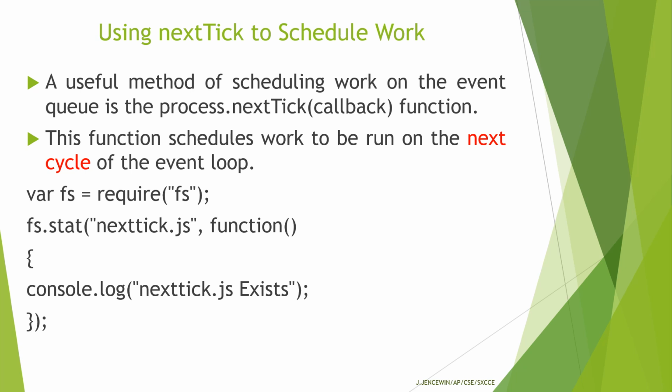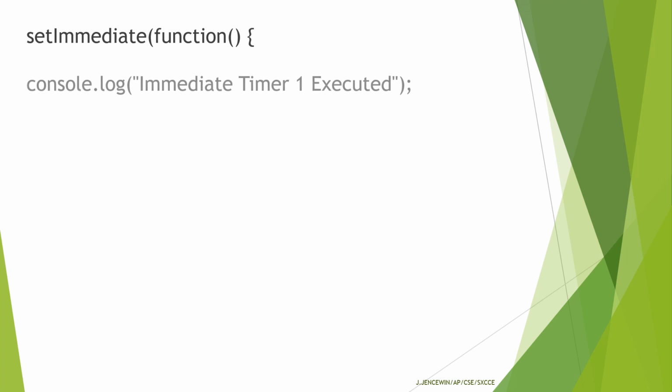The first input is the file, and if it exists, it will execute the callback function. In the callback function we just print with console.log that nextTick.js exists, we just write it on the console. This is the first one, and the next function is setImmediate.